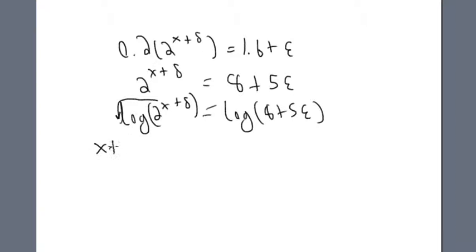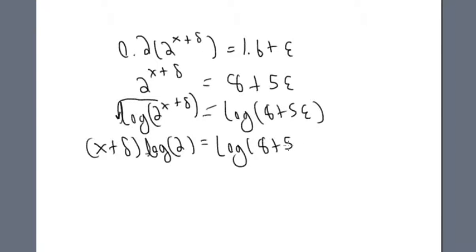So I can say x plus delta on the outside, log of 2 equals log of 8 plus 5 epsilon. Now, I just need to solve for my delta, so a couple more steps to divide both sides by log of 2 and then subtract my 3.